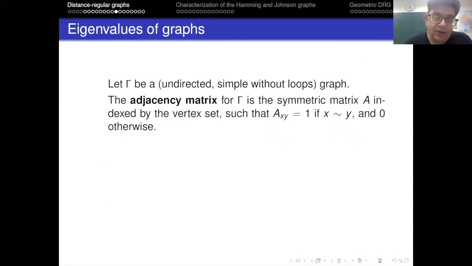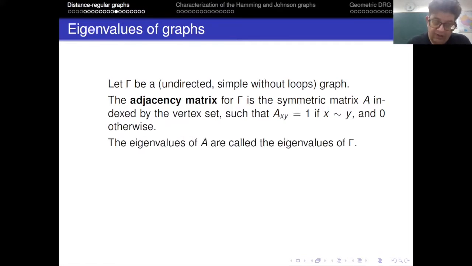So I will need the adjacency matrix. For gamma, it is the symmetric matrix A indexed by the vertices such that A_xy is 1 if x is adjacent to y and 0 otherwise. And we say the eigenvalues of gamma are just the eigenvalues of A. There are maybe more adjacency matrices because the order of the vertices may give a different adjacency matrix, but they are all similar to each other.